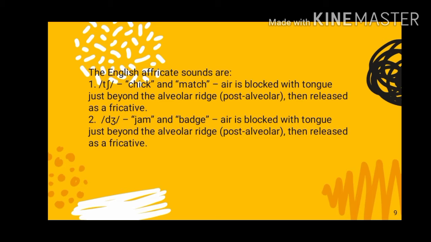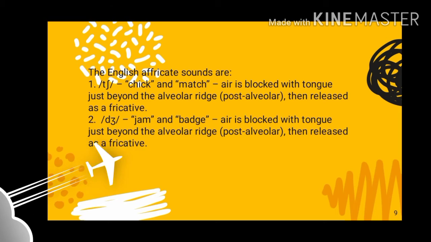First, cheek and match. Air is blocked with the tongue just beyond the alveolar ridge, post-alveolar, then released as a fricative. Second is jam and batch. Air is blocked with the tongue just beyond the alveolar ridge, post-alveolar, then released as a fricative.